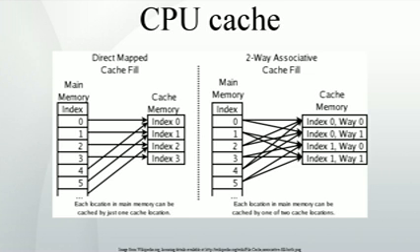Example. The original Pentium 4 processor had a 4-way set associative L1 data cache of 8 kilobytes in size, with 64-byte cache blocks. Hence, there are 8 kilobytes / 64 equals 128 cache blocks.